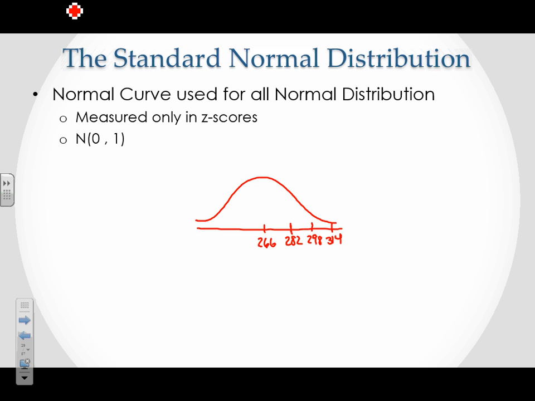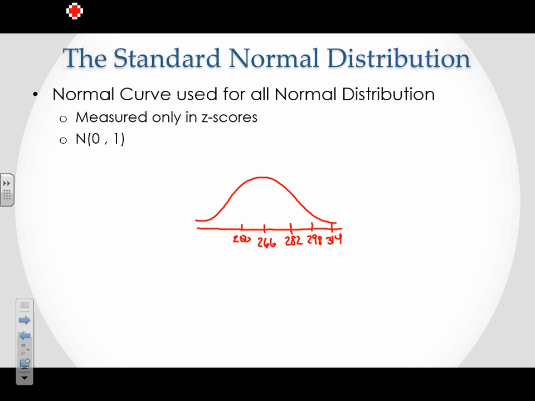And then we did the same thing on the other side, just subtracting. So one standard deviation below the mean would be 250 days, and so on, right? And so once we had this normal distribution drawn, we were able to mark off our boundary points, and find whatever percentages we needed using that 68-95-99.7 rule.